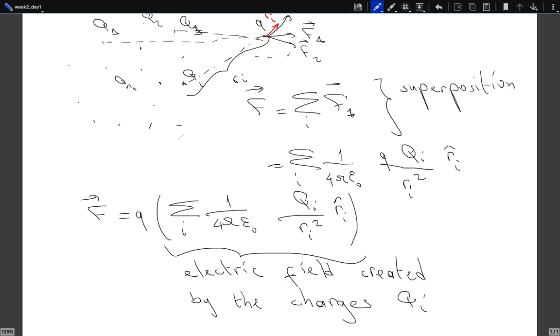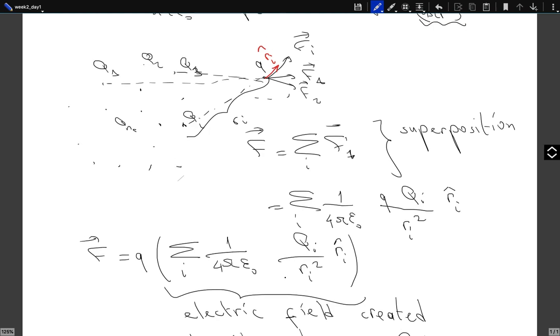So one thing is, at least if you write it in this form, it automatically satisfies the superposition principle. So if one charge is creating one electric field at a given point, the other charge is creating another electric field at the same point, the total electric field will be just the sum of the electric fields.